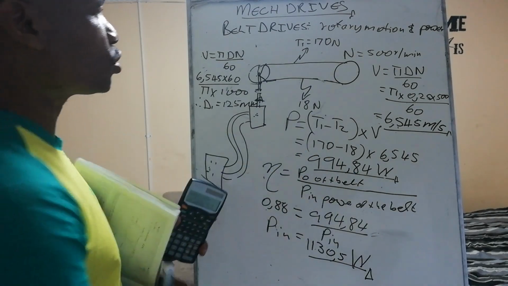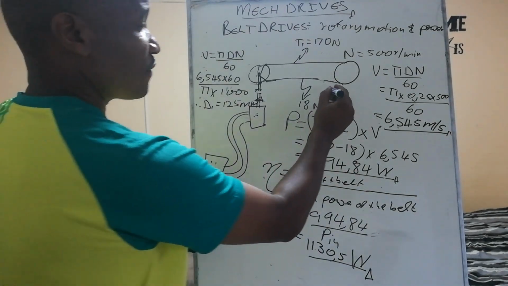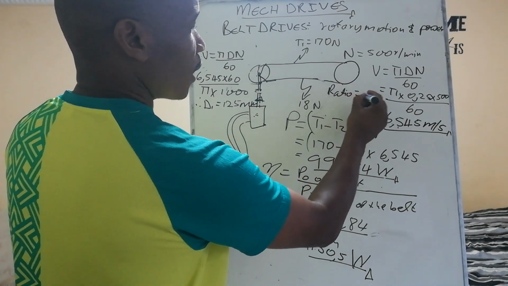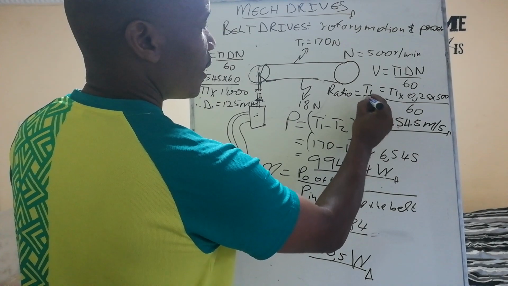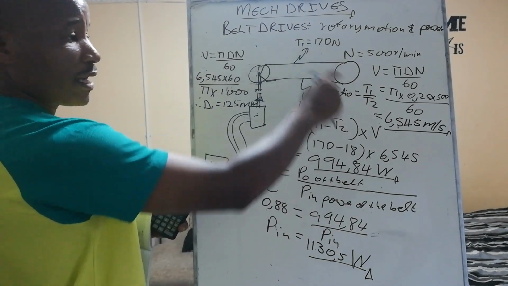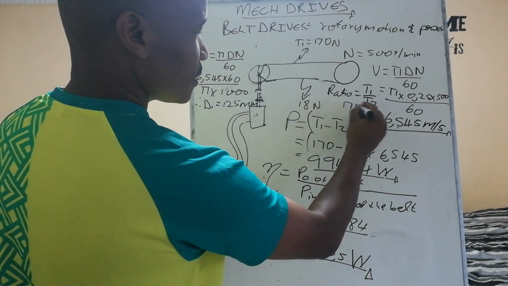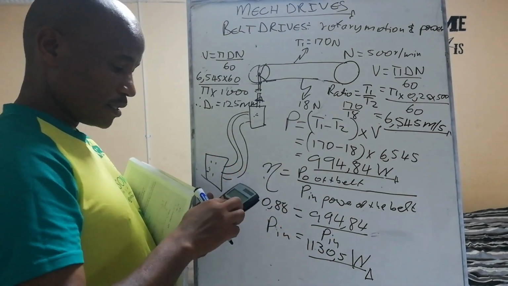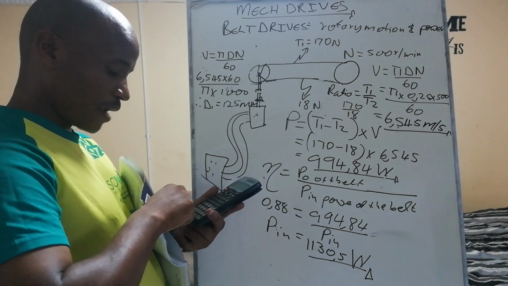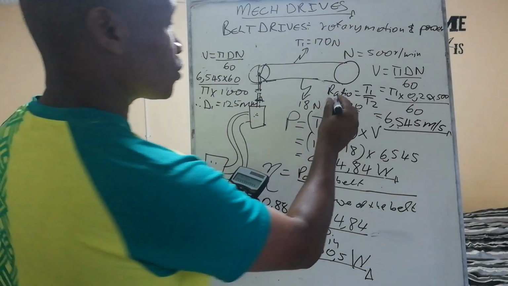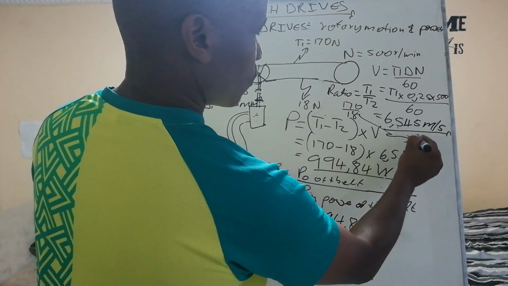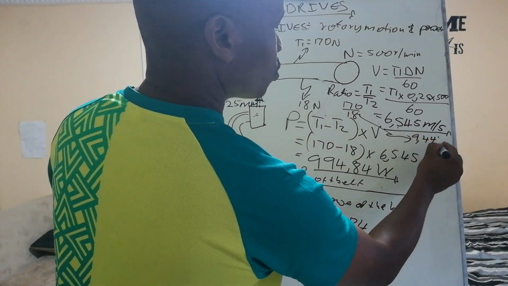The tension ratio, guys, you will finish this one, I don't have time anymore. Ratio is equal to T1 over T2. You've got this one, 170 divided by 18 is equal to what? 170 divided by 18 is equal to 9,44:1.